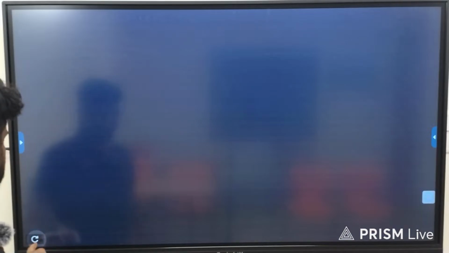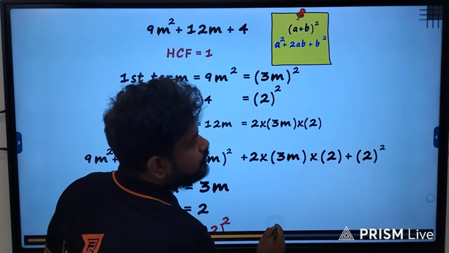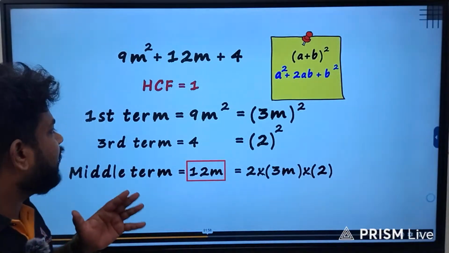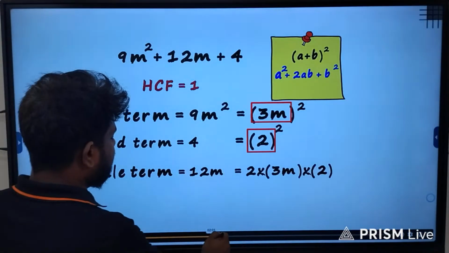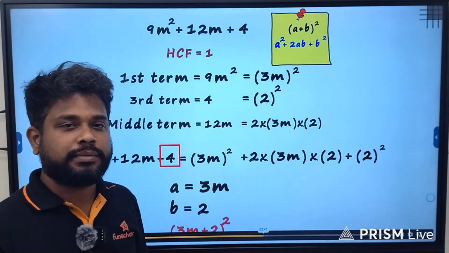Okay, so this video was intended for factorization using identities. Here we have used the identity of a plus b and its whole square, and the formula is a square plus 2ab plus b square.